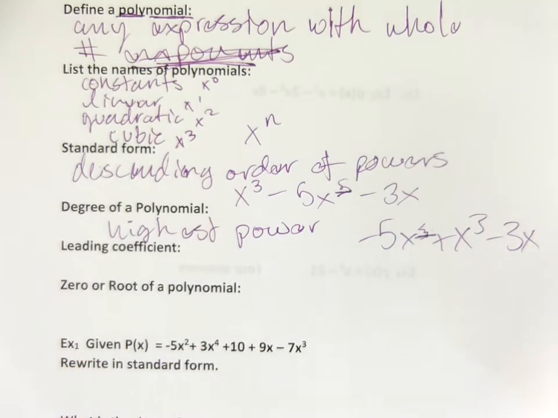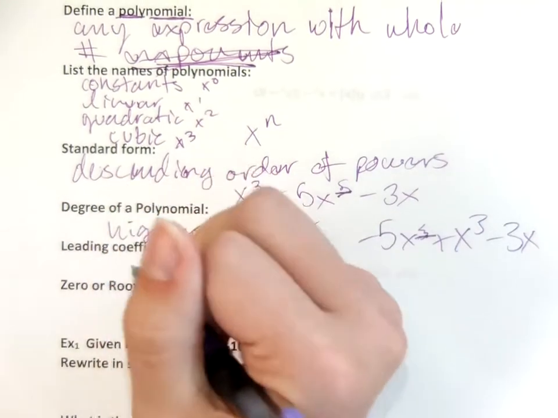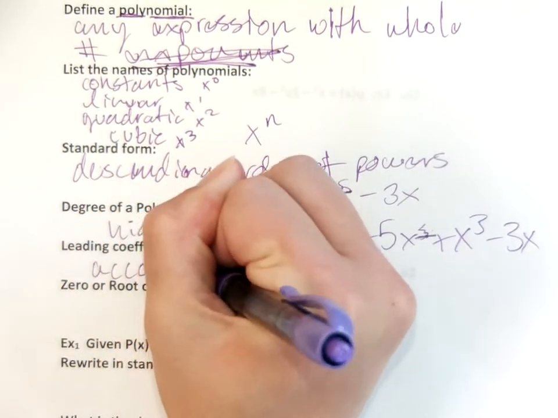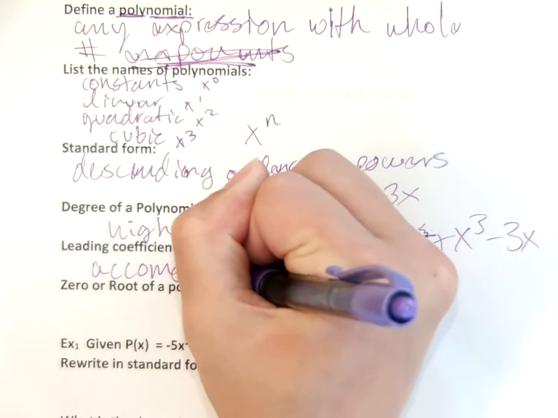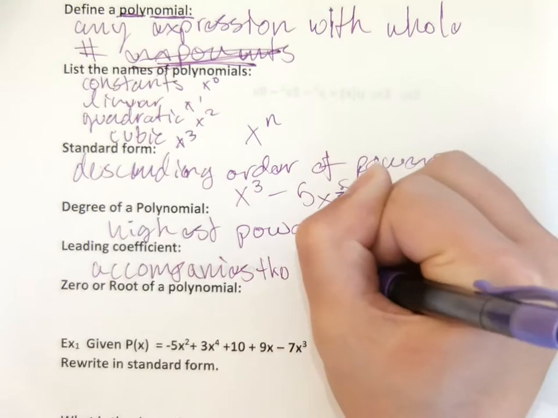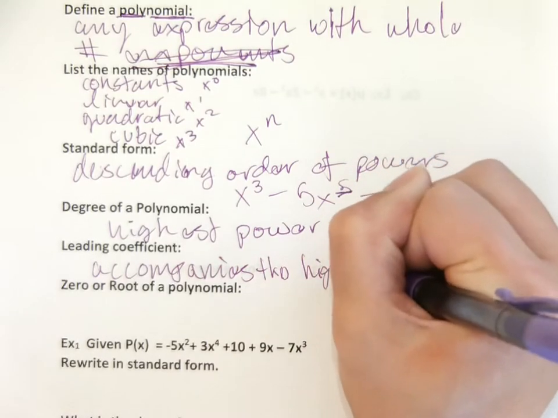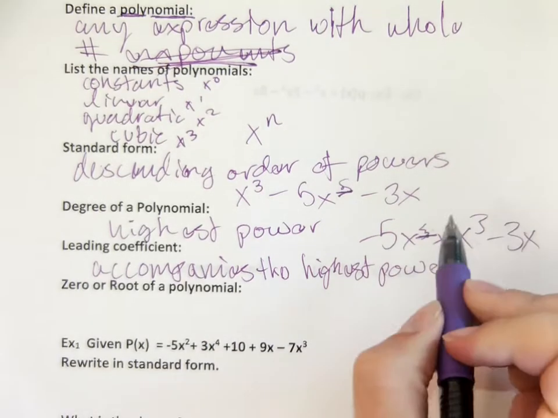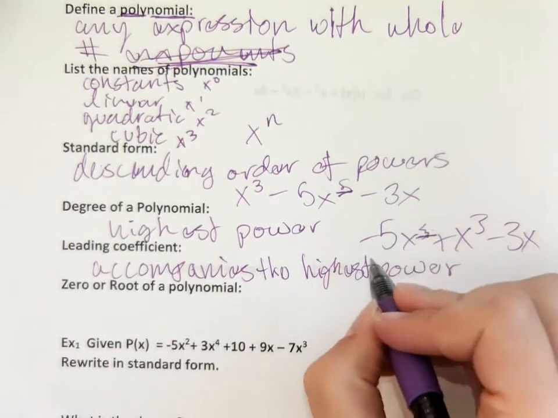And then the leading coefficient is the coefficient that accompanies the highest power, so the leading coefficient would be -5.